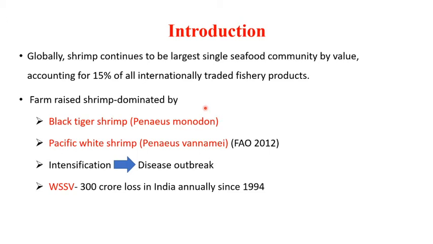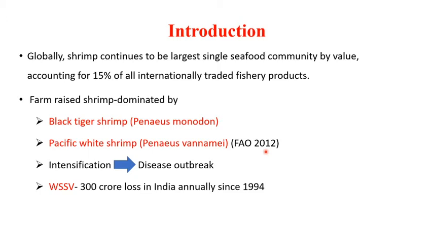Farm raised shrimp comprises 55% of global shrimp production, and this is entirely dominated by two species, black tiger shrimp Penaeus monodon and Pacific white shrimp Penaeus vannamei, according to Food and Agriculture Organization 2012 statistics.